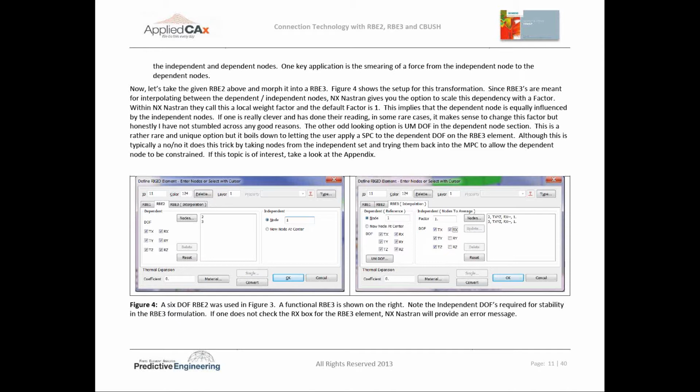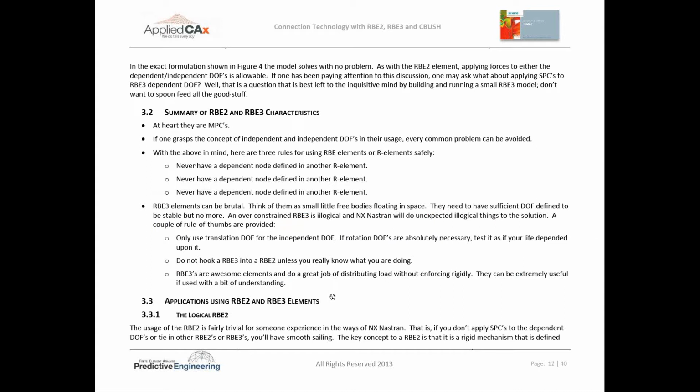Okay, yeah. Honestly, I don't want to have everybody go to sleep. You can do this with rigid elements. There's so much. I'm just trying to skim it, get through. The thing about RBE2 elements is that you can daisy chain them. This concept of independent and dependent.